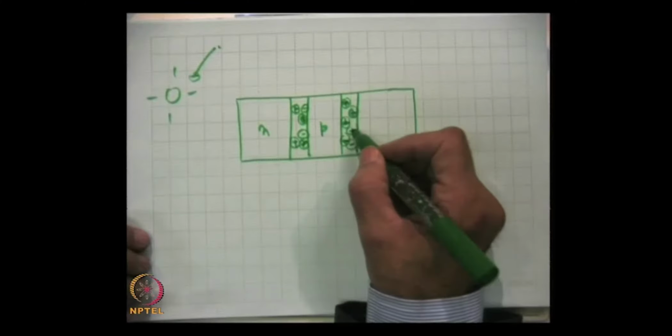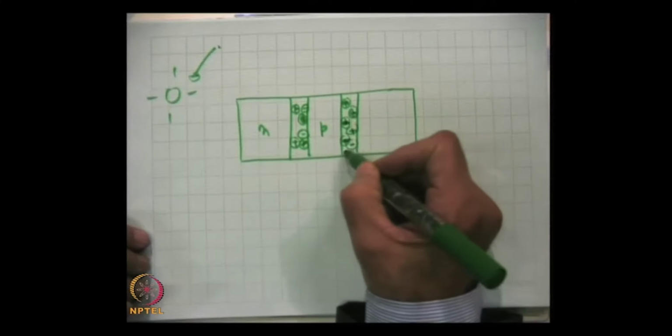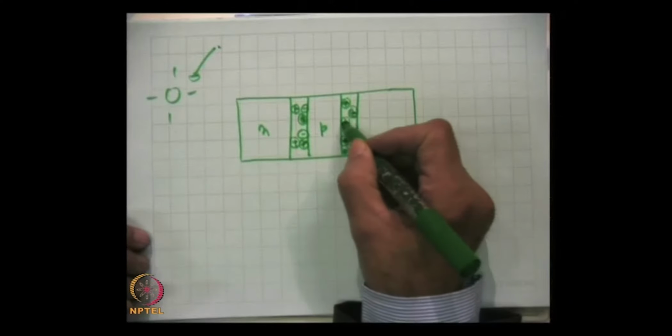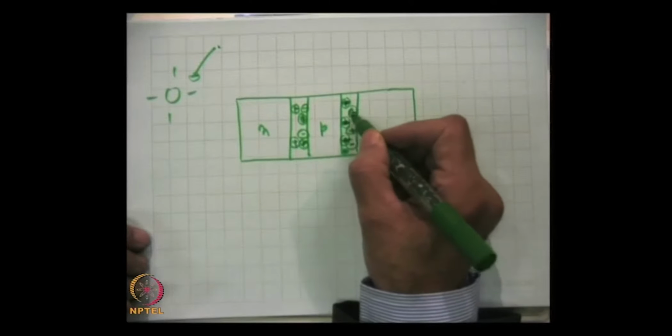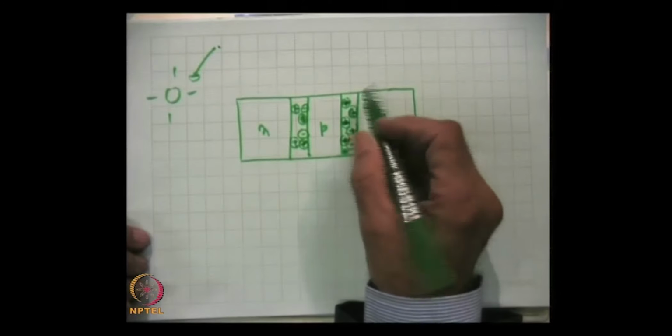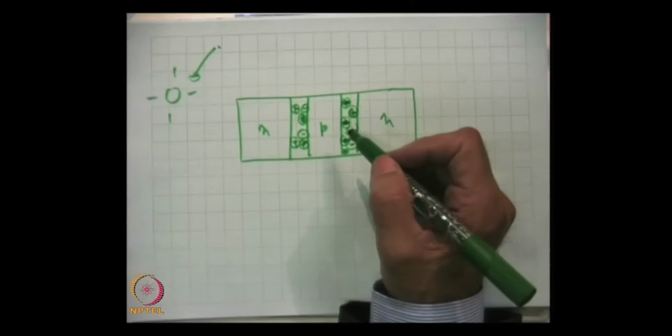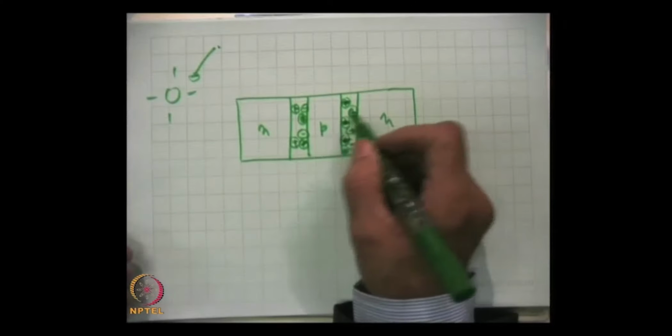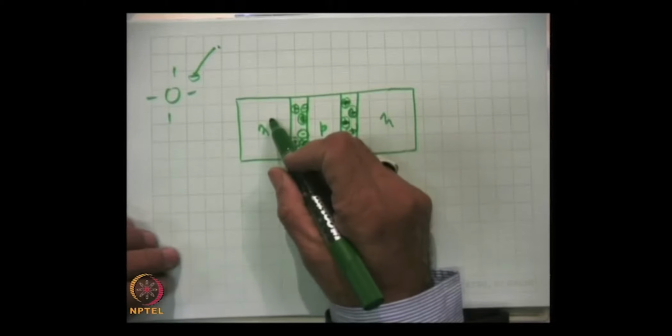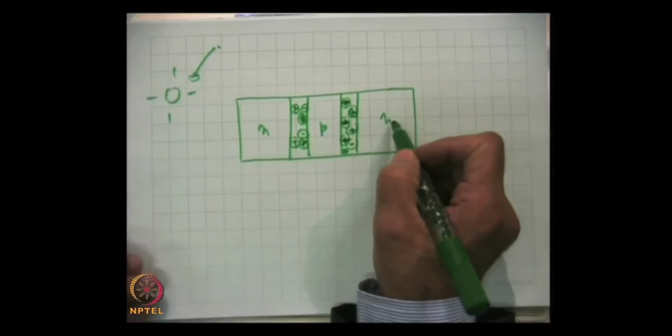So, they are rigid and they do not move, but they are ions, so there is a charge associated with that. The negative ions on the p side and the positive ions on the n side give rise to an electrostatic charge and a contact potential, which in the two cases may not be exactly the same, because the doping of this region and this region are different.